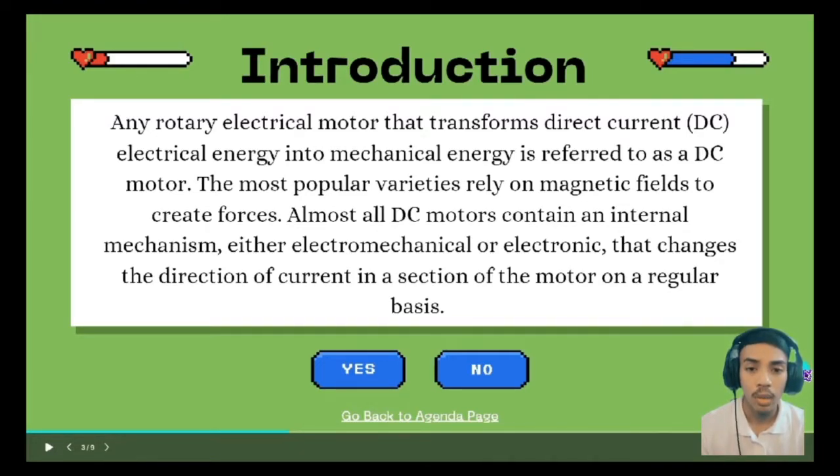Almost all DC motors contain an internal mechanism, either electromechanical or electronic, that changes the direction of current in a section of the motor on a regular basis.